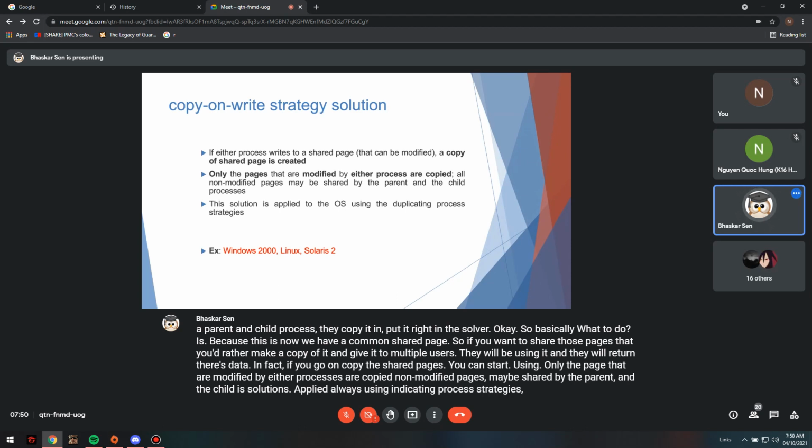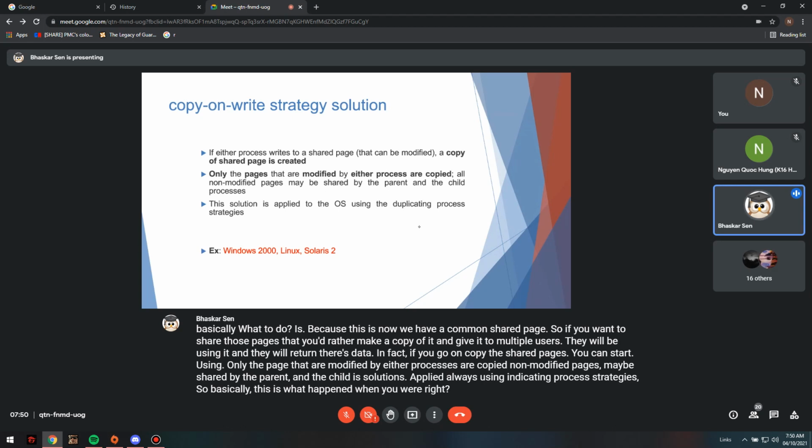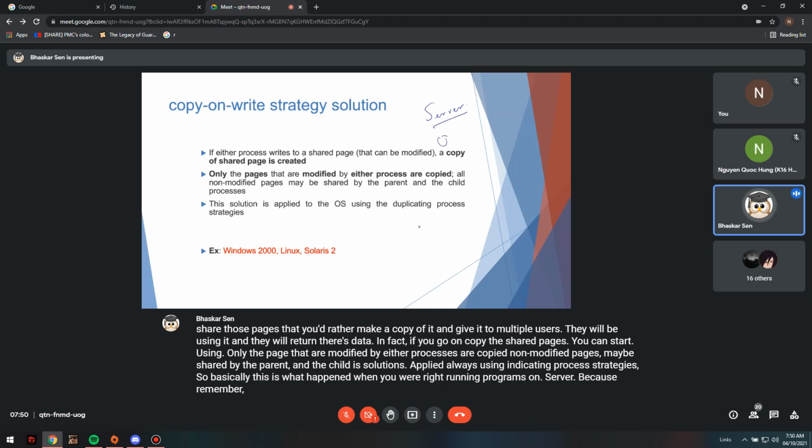So basically, this is what happens when you are running programs on a server. Because remember, the number of processes, P1, P2, P3, will be asking for particular data.